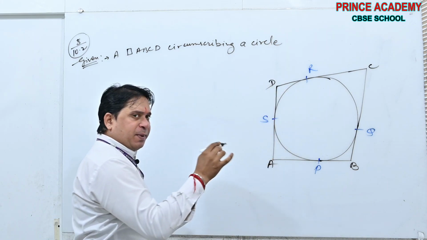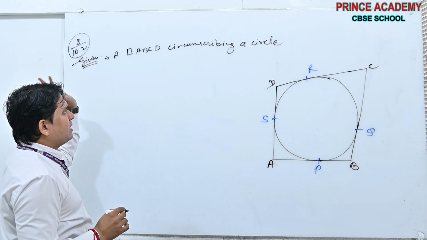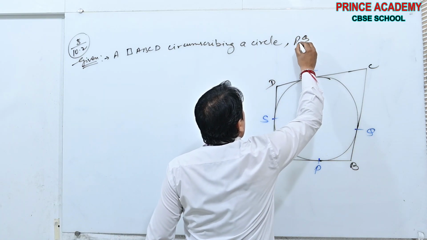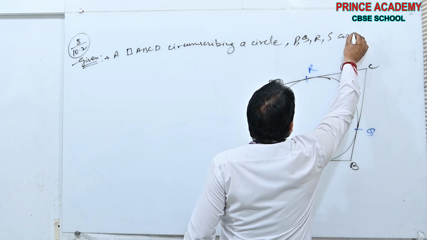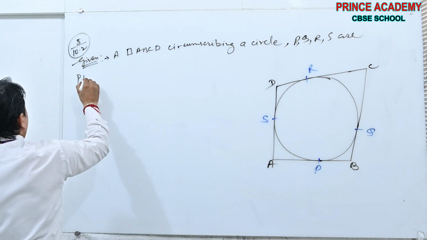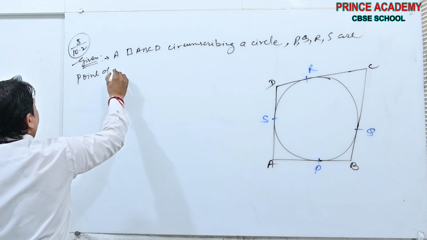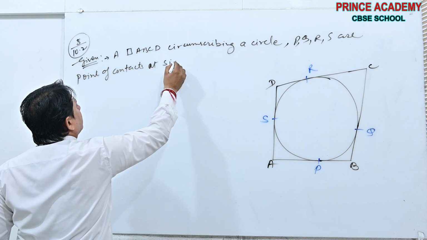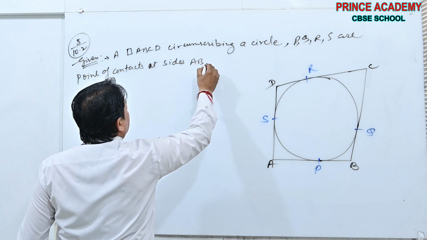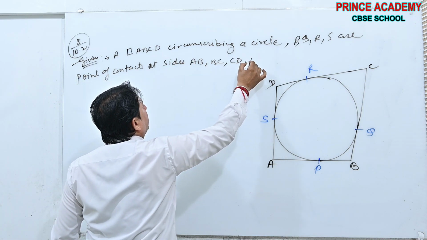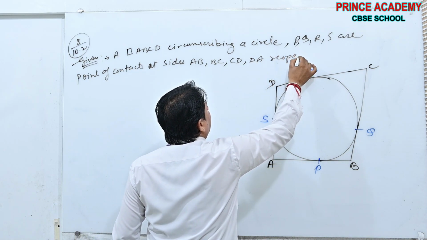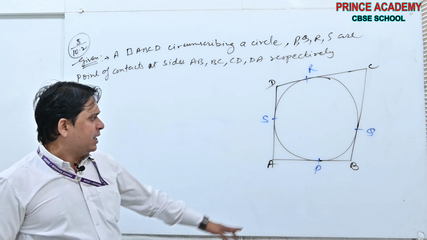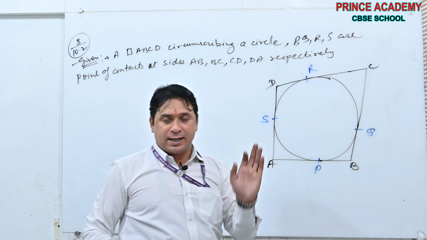Where P, Q, R, S are the points of contact at sides AB, BC, CD, DA respectively, because the sides are touching the circle at P, Q, R, S respectively.